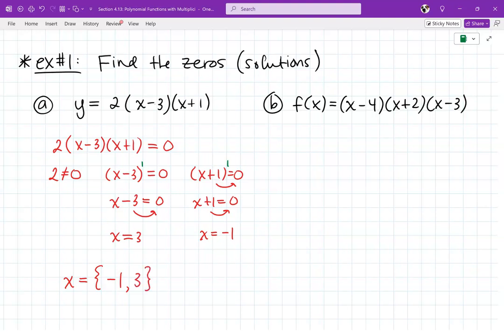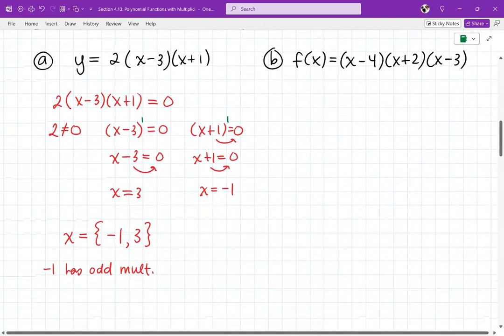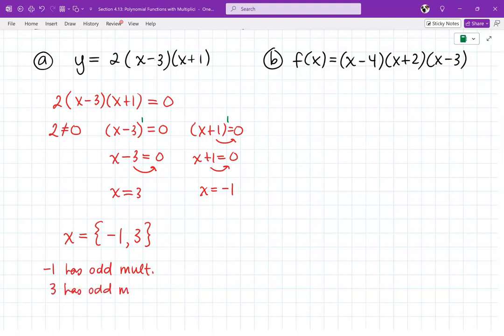Now, I can say that negative 1 has odd multiplicity, M-U-L-T, to abbreviate. And I can also say that 3 has odd multiplicity. That means that if I were to graph this function, if I were to actually draw it out, when I get to negative 1 on the x-axis, the line has to go through it.